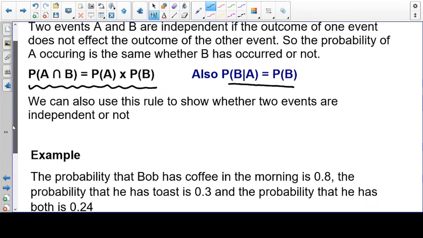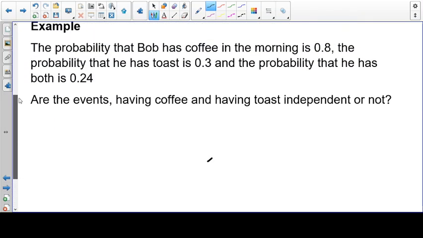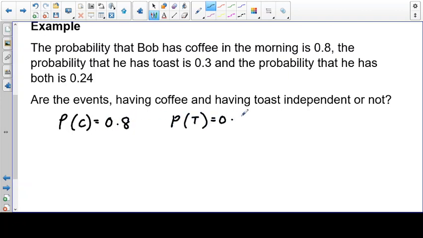Okay, so to put that into practice, a few questions. First one, the probability that Bob has coffee in the morning is 0.8. The probability that he has toast in the morning is 0.3. And the probability he has both, so the probability he has coffee and toast, is 0.24.